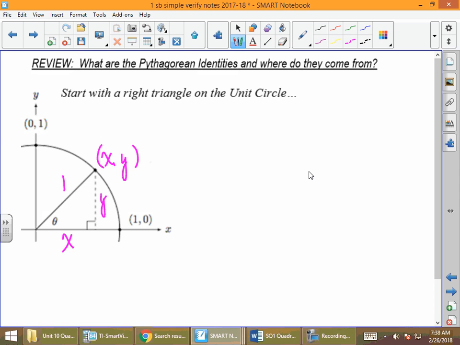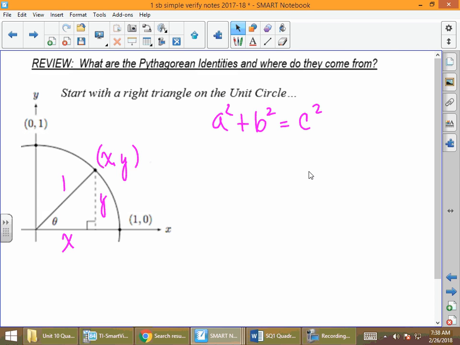The Pythagorean theorem is a squared plus b squared equals c squared. Taking what we just found, one of the sides of the triangle is x, so x squared.